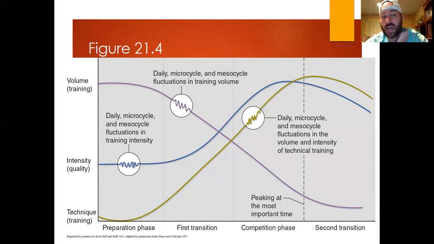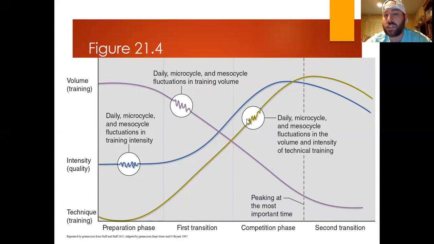But look what also starts to happen. Your technique starts way down here, meaning at this very beginning portion, we're more worried about just getting training in. We don't even care about your technique. You can even substitute technique for sports specificity. We'll start to learn the definitions of all of these down here, but what we're going to see is that if we're decreasing the amount of training that we're doing, look what needs to increase: our technique.